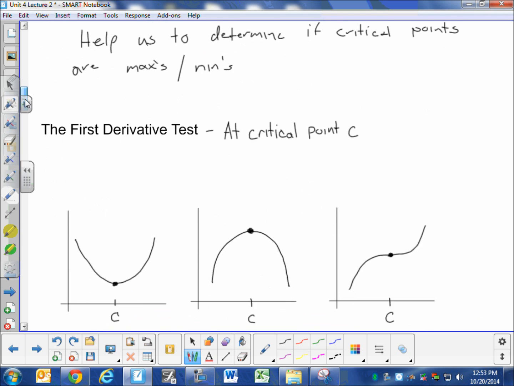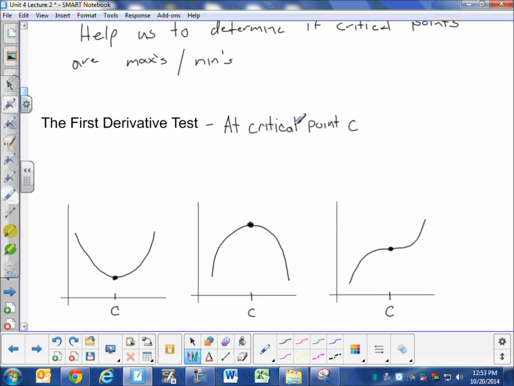Okay? So what that is called is the first derivative test. The first derivative test is a test to find maxes and mins using signs of f prime around a critical point.